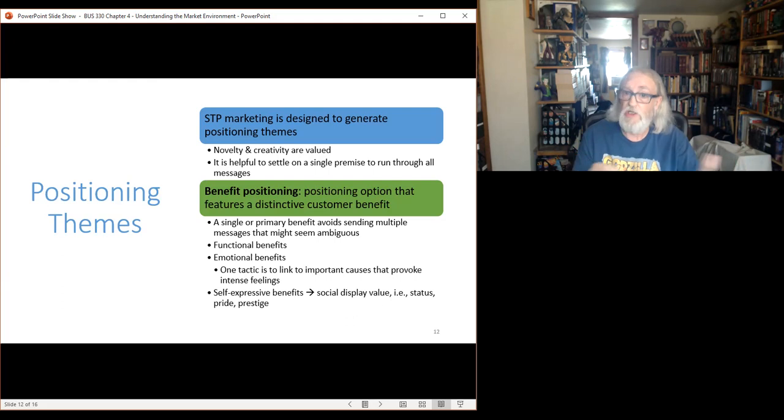And that is a positioning theme, but it's also setting yourself up to benefit consumers: we help, we help the world. And then, of course, like I've talked about with the BMW and so forth, really one big part of emotional benefits is this notion of the self-expressive benefits. I can express myself.